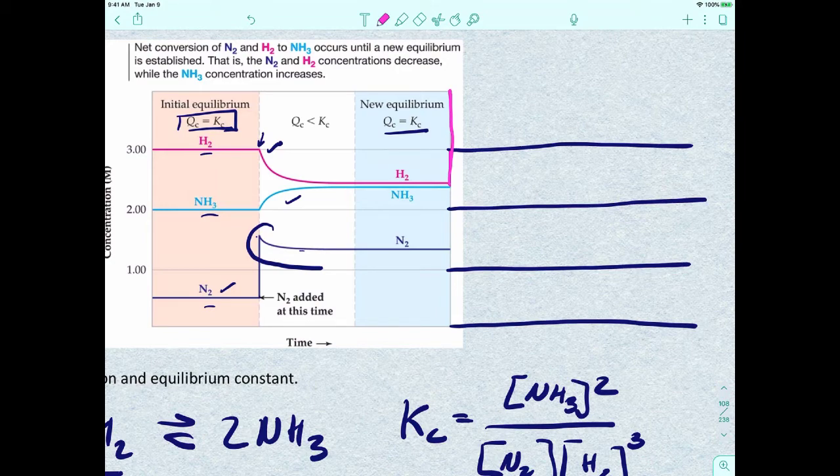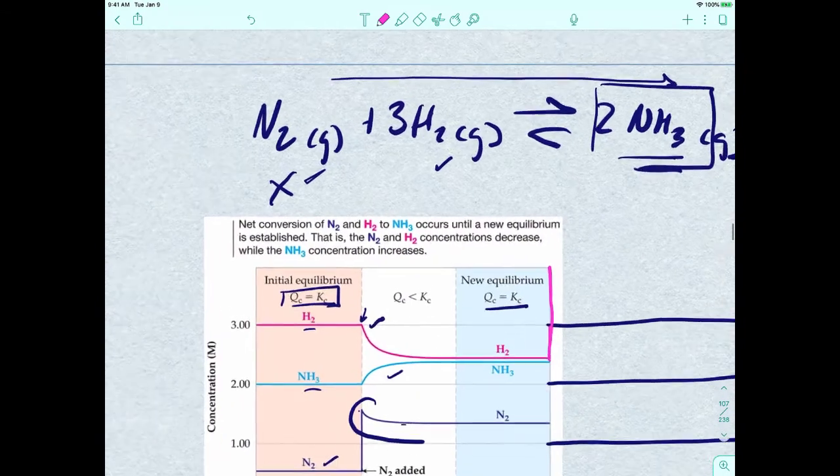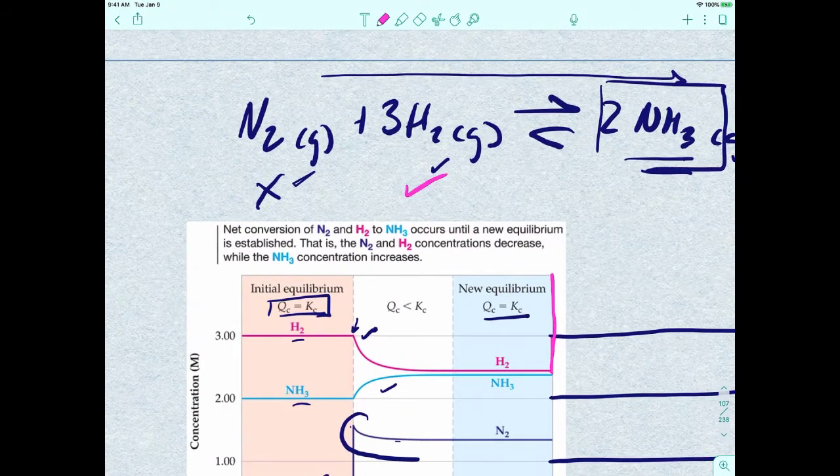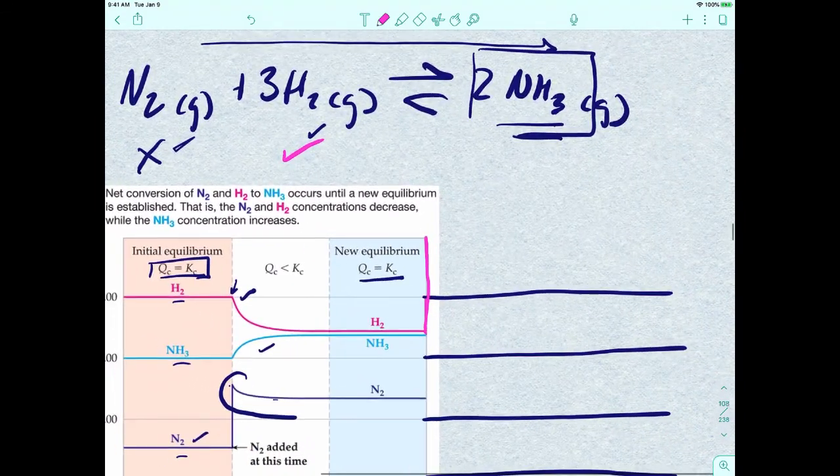Now, if I'm adding stressor to the system, this time I'm adding H2, same thing is going to happen. If the stressor is on the left-hand side, it's going to alleviate it by making more product. So ideally, what should happen is that even though the concentration of H2 goes up, eventually it's going to go down a little bit and level off.